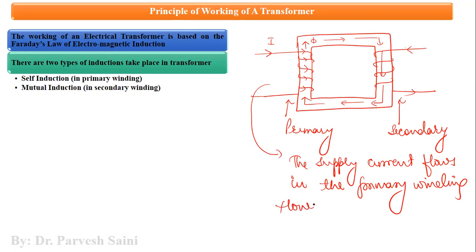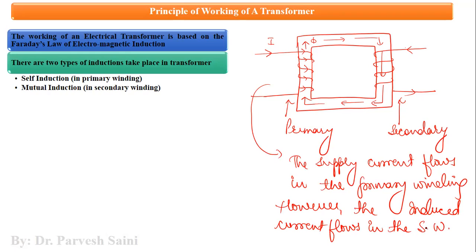However, the induced current flows in the secondary winding, right? So this is the primary current, let us mark it as ip, and this is the secondary current, let us mark it as is. You can take any notation, you can take either I1 or I2, IP, IS, that is totally up to you. There is no thumb rule for taking a particular type of notation. You simply have to distinguish between the two, right?